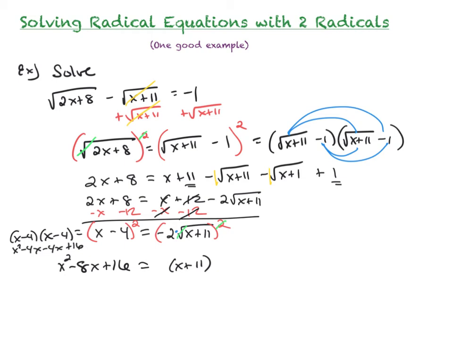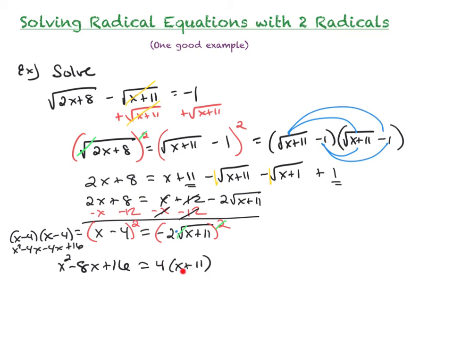But what we need to be careful about here is the negative 2 is not tucked inside a square root. So it needs to be squared. So negative 2 times negative 2 is 4. Cool.